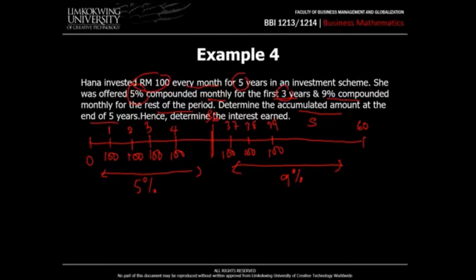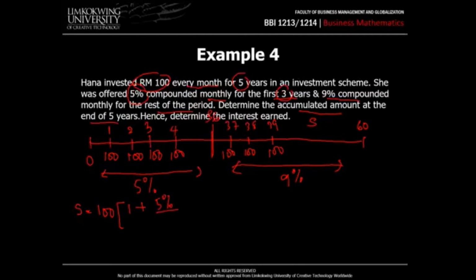Okay, now we need to calculate the future value for the first three years first. The accumulated amount is the future value. So here S equals 100 times the formula, R[(1 + i)^n − 1]/i. So 1 plus, what is i? i is the interest, 5%.